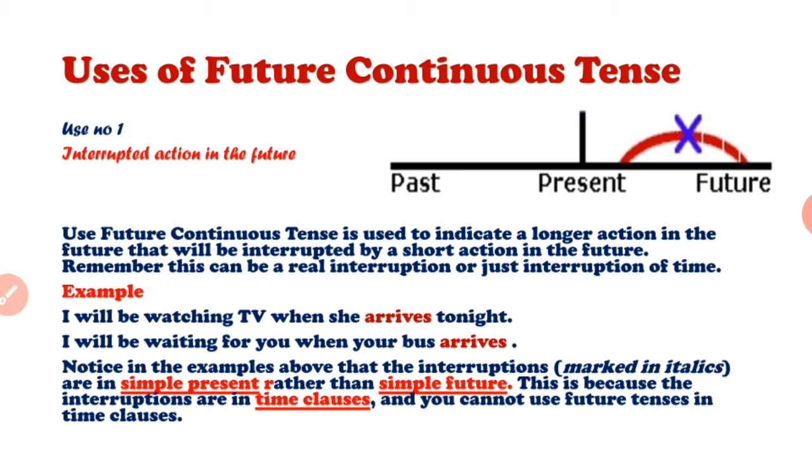The cross sign indicates that we have to take care about the use of future continuous tense. Why? Because it is interrupted. Students, it is the sign of interruption. It means this task will be going on. I'm denoting it by this dot sign, sorry, and this is the cross. It means it will be interrupted by another action.